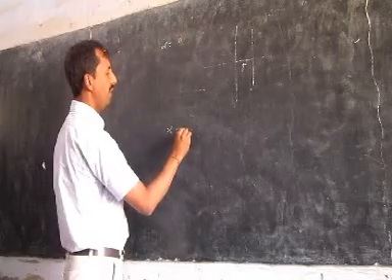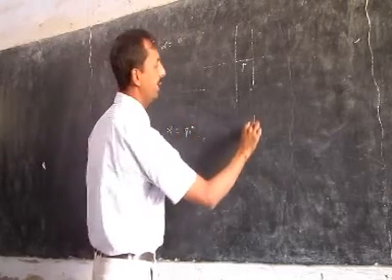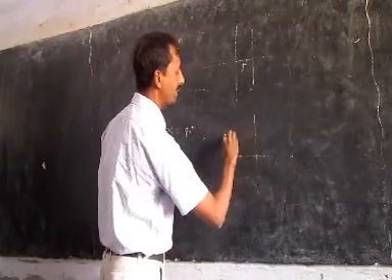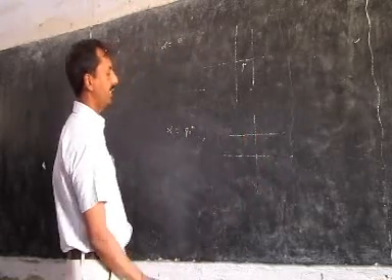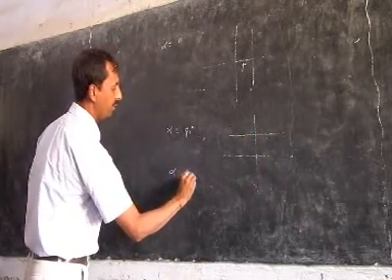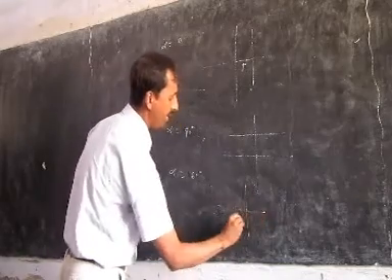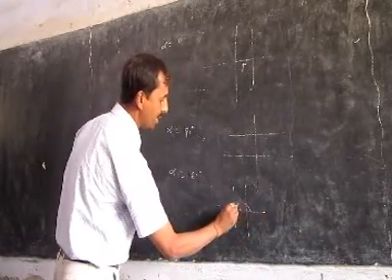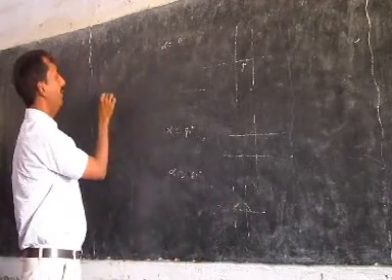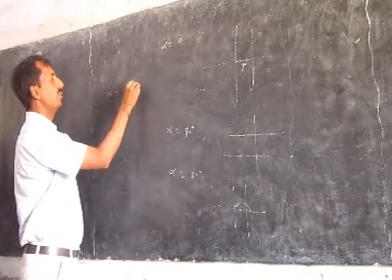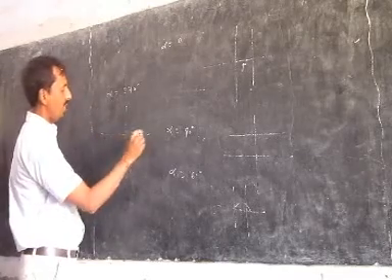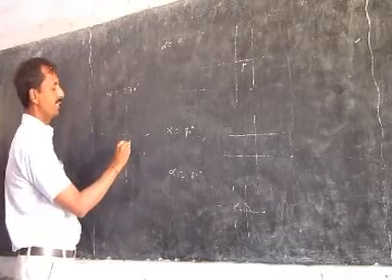Again, if alpha is equal to 90 degrees, then it may be like this. If alpha is equal to 180 degrees, the line may be like this. So this angle is 180. If alpha is equal to 270 degrees, the line may be like this. This is P.